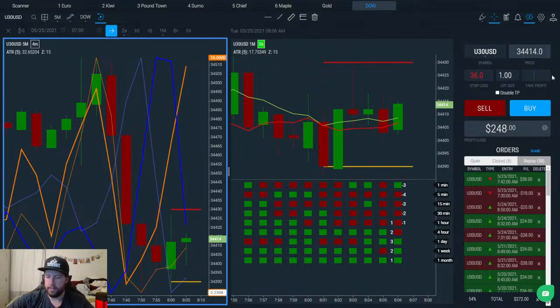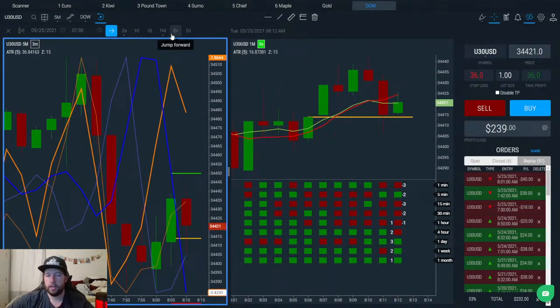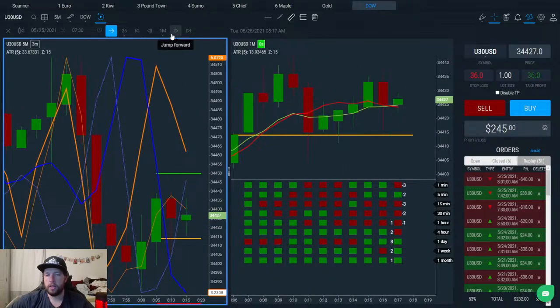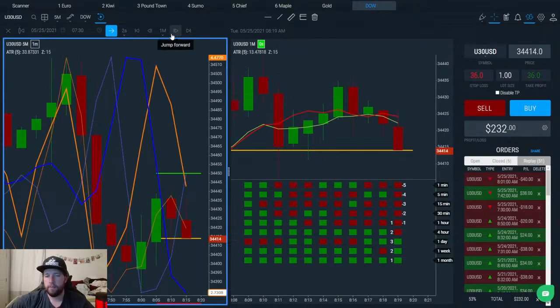After taking that sell trade, we immediately get a buy trade. There's shortly after. Ugh, yuck. Getting a sell trade again while that buy is still open.